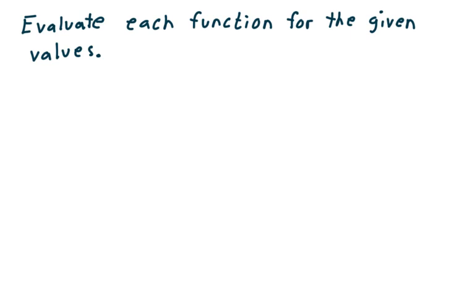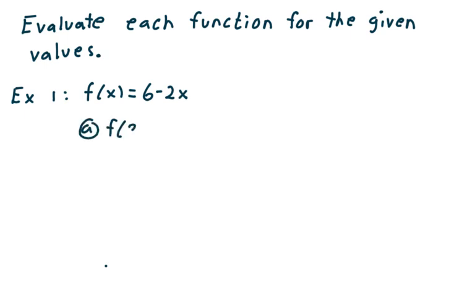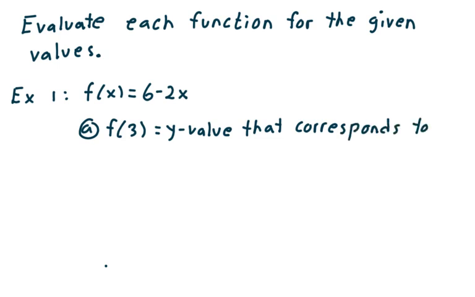Now, in the first example, we have f of x equals 6 minus 2x. And in part A, I want f of 3. Now, this is the y value that corresponds to x equal 3.